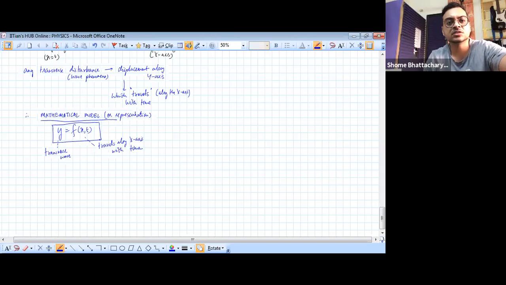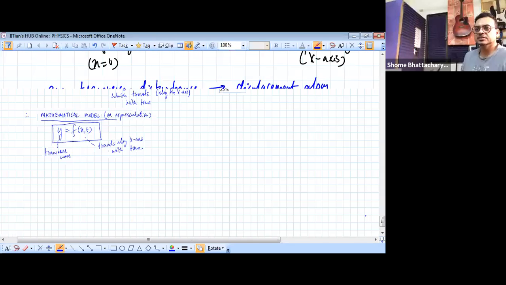So the oscillation is along the y-axis, Aditya, and the propagation is happening along the x-axis. Okay. So now we will understand how to construct these type of functions. So for a bit of time, we will work on our understanding of functions, two-value functions, and then come back to how they can be used to represent waves.